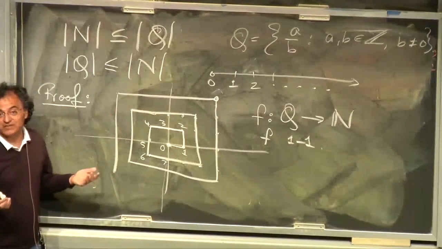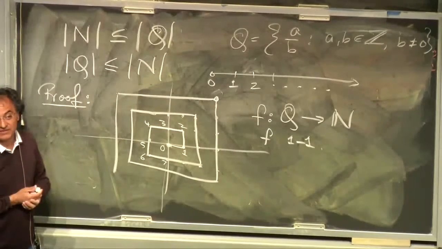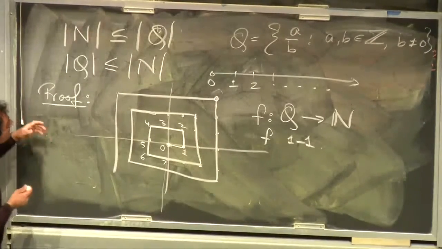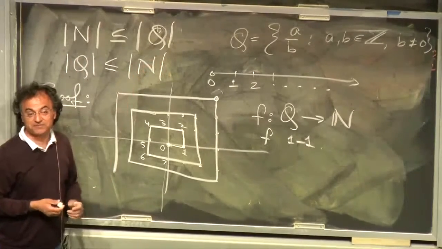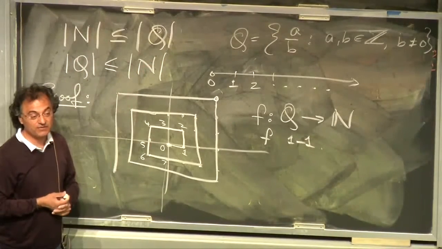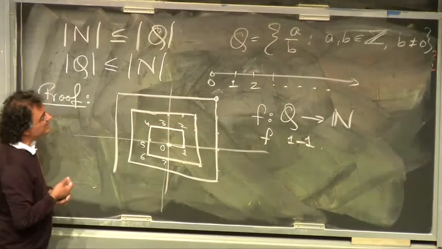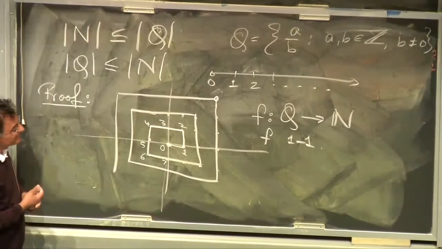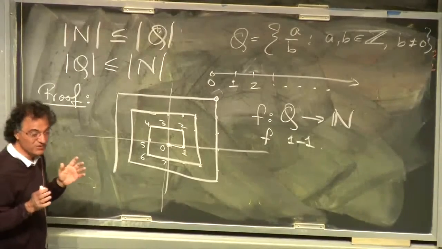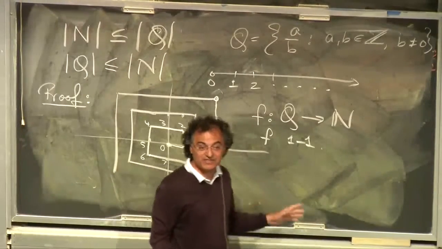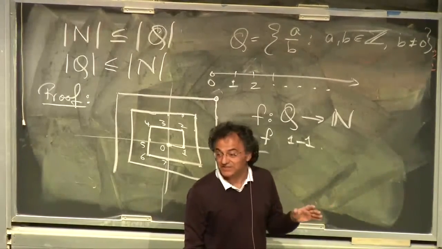Right? So it's 1 to 1. So that shows that the number of rational numbers is also equal to the number of natural numbers. Okay? All right, so well, maybe this whole theory of infinity is not that interesting after all. Maybe all infinities are equal.